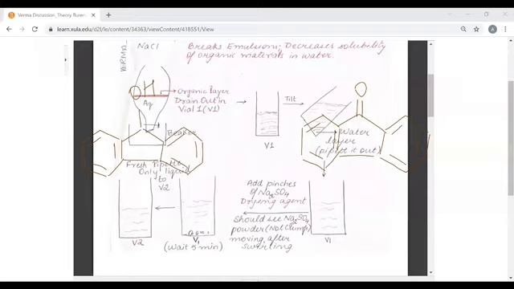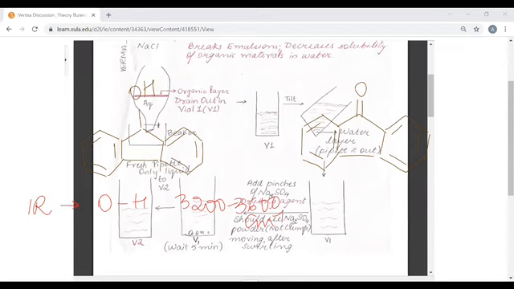Looking individually at their IR, what are the IR differences that you can observe? First of all, in the IR of your starting material, you will see the OH peak. The OH peak is round and broad, and it appears between 3200 and 3600 centimeter inverse.